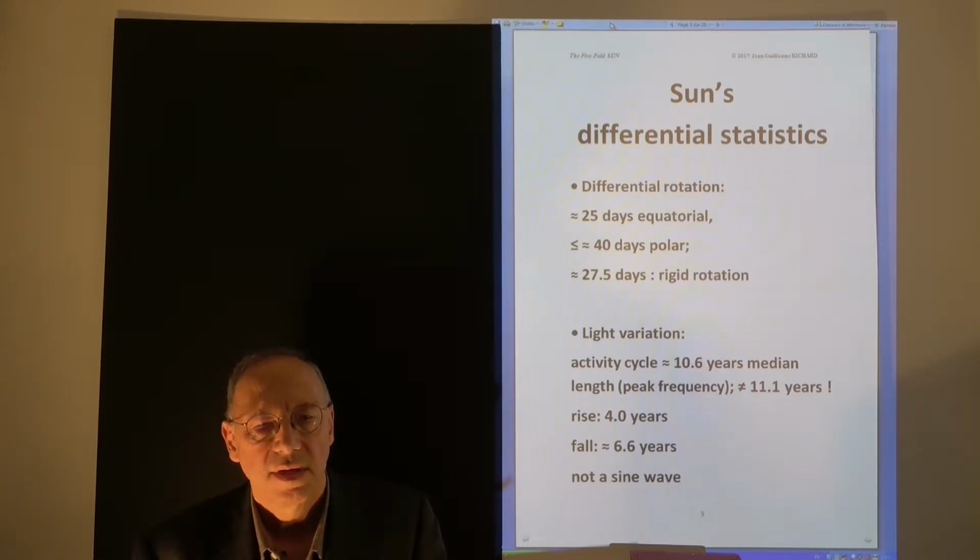The light variation cycle has a length which is, as a mean, about 11.1 years, but as a median, as a peak frequency, quite different, only 10.6 years. As well, the rise leg of this cycle is only 4 years, while the fall leg is 6.6 years long. So this is not a sine wave.